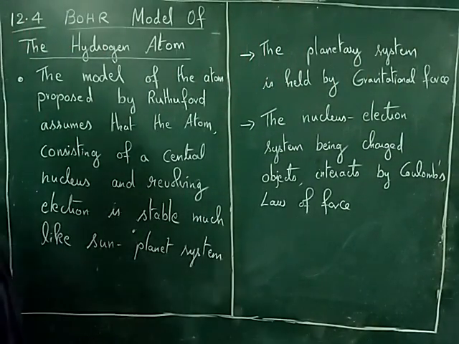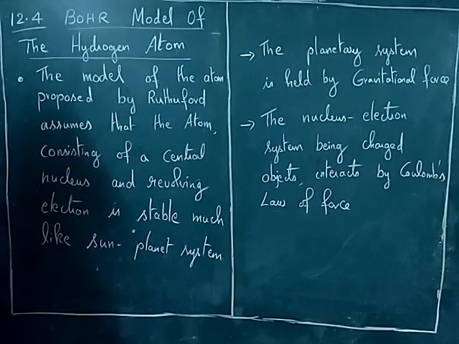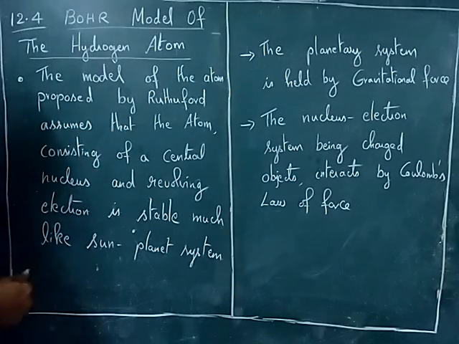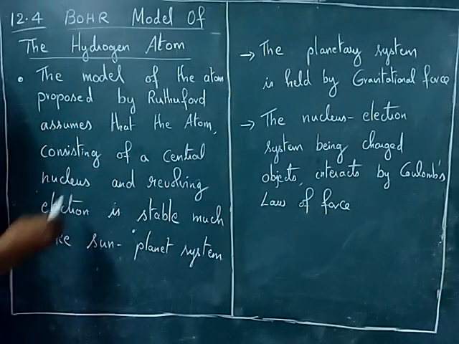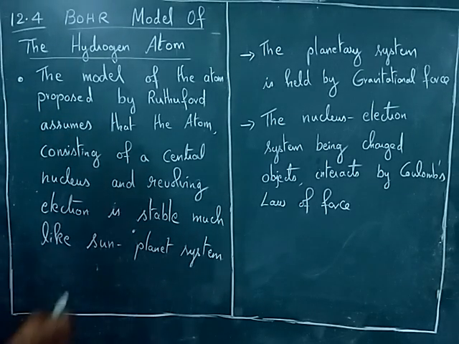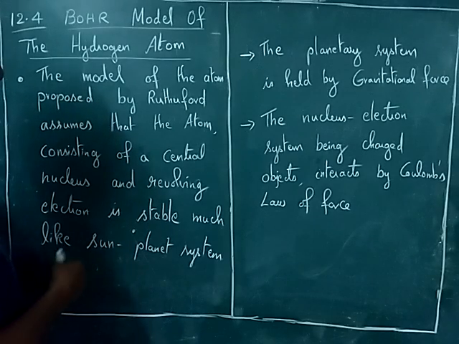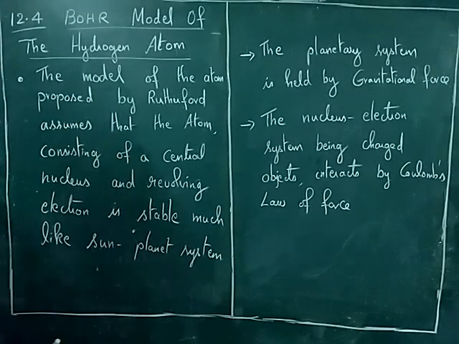First point, the model of the atom proposed by Rutherford assumes that the atom, consisting of a central nucleus and revolving electrons, is stable, much like the Sun-planet system.